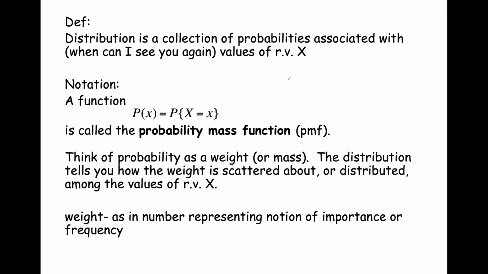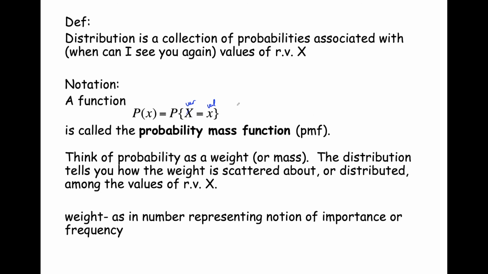And so notationally, you'd write this probability as a function, P of x, where x is the value the random variable can take on, is equal to the probability that random variable big X takes on value little x. So this is the variable big X, and this is the value little x. And that's how we write it, definitionally, mathematically. So this function, P of x, has a name. It's called the probability mass function, abbreviated PMF.